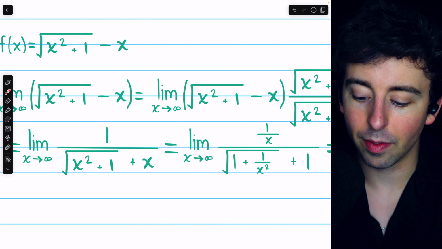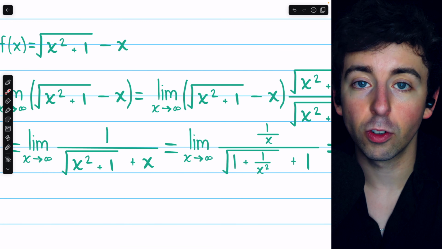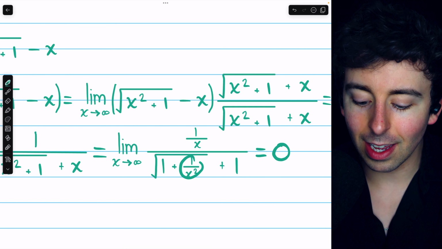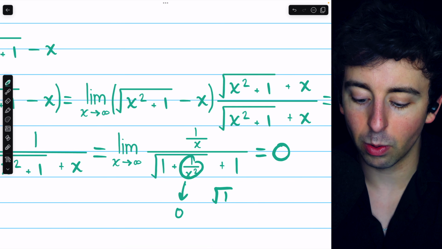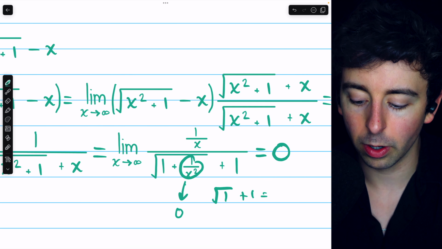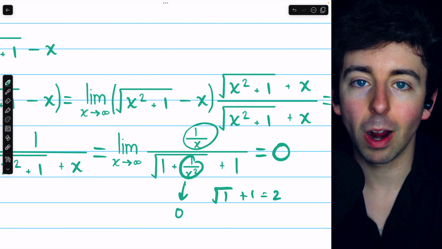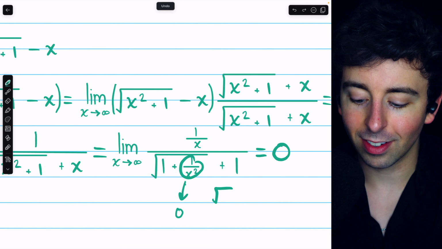And then, of course, we have this plus 1, since x divided by x is just 1. Now, as x goes to infinity, it's clear that this goes to 0, so the denominator is actually approaching root 1 plus 1, or 2, and the numerator is just approaching 0. Hence, this is 0 divided by 2, or just 0.